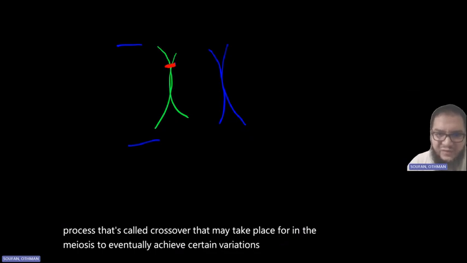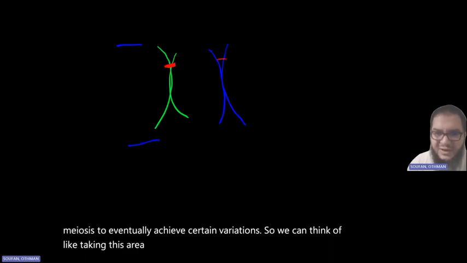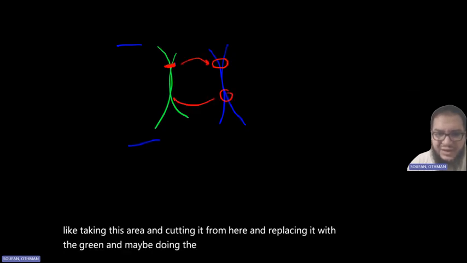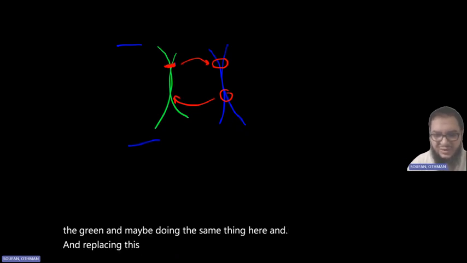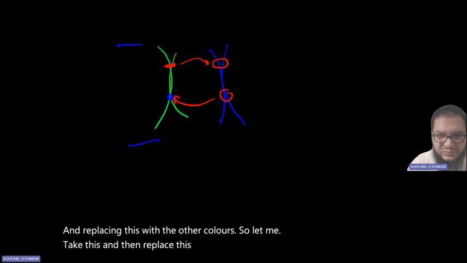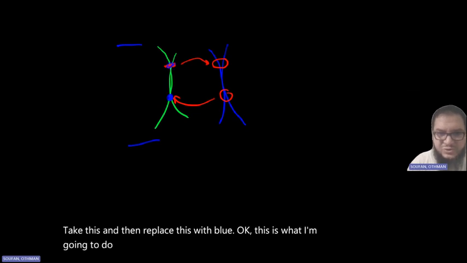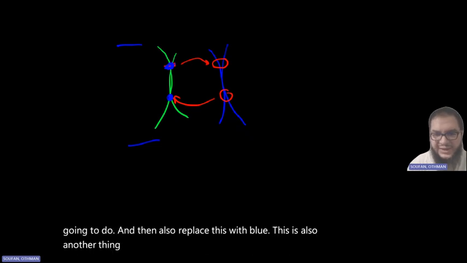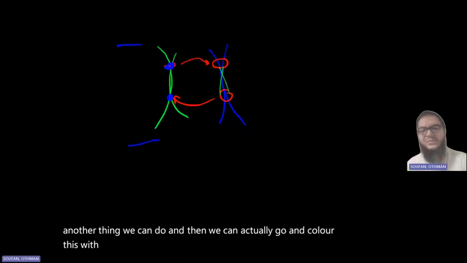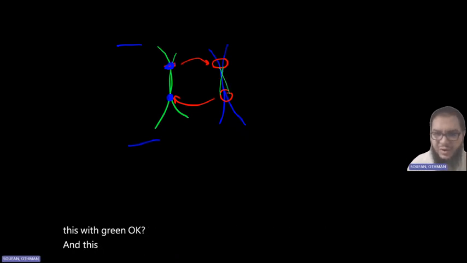We can think of taking this area and cutting it from here and replacing it with the green, and maybe doing the same thing here and replacing this with the other color. Let me take this and replace this with blue. This is what I'm going to do. And then also replace this with blue. This is also another thing we can do. And then we can go and color this with green. And this is kind of a crossover operation.